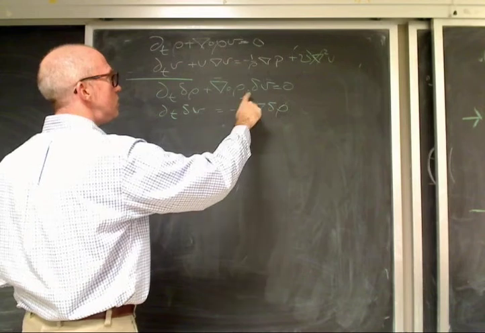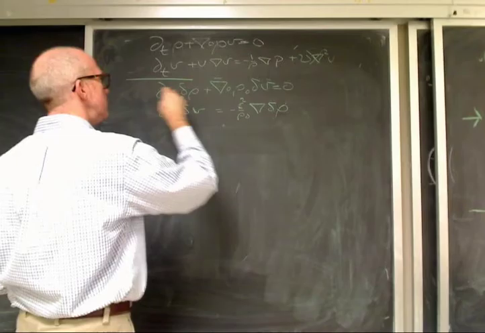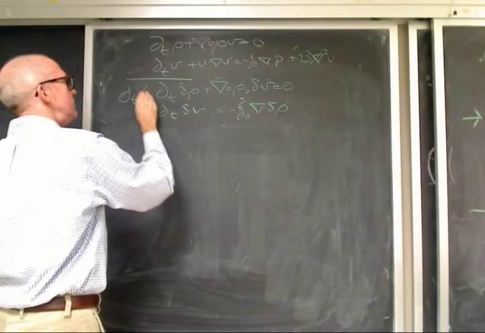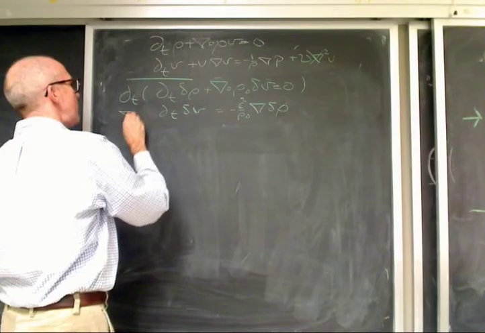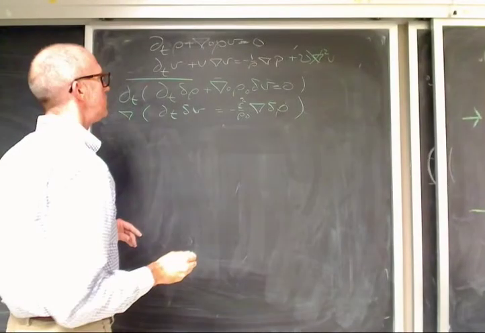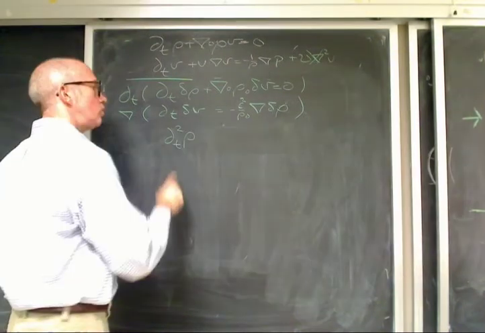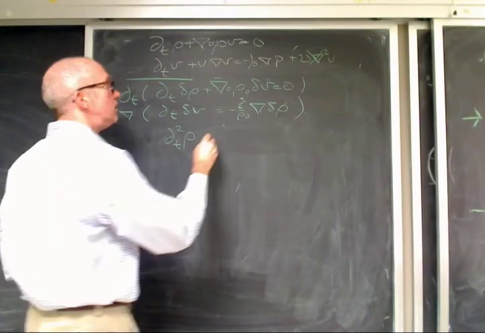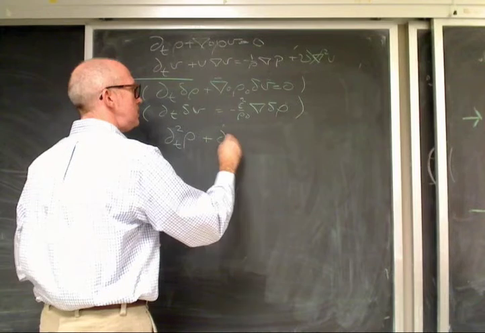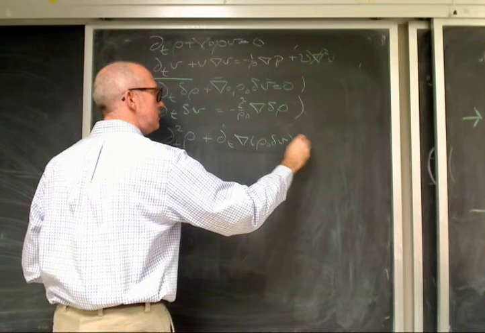So it's a grad here and a time here, so I need to do a d by dt of this one and a grad of this one. And then I'm left with dt squared rho, so now I've got two time derivatives, plus dt grad rho naught delta v equals 0.